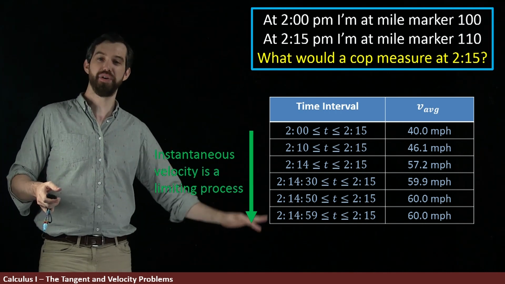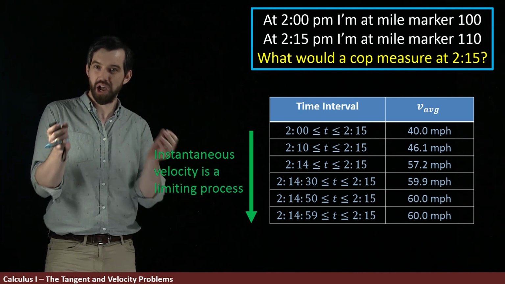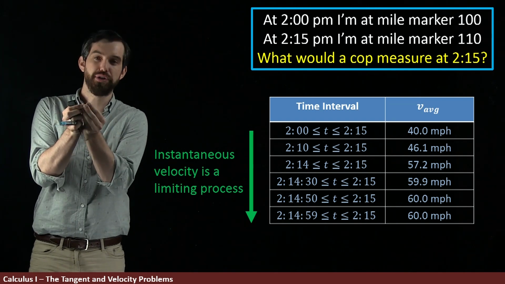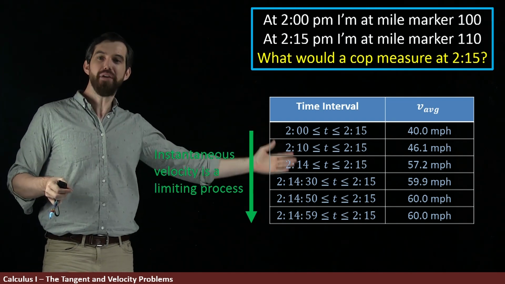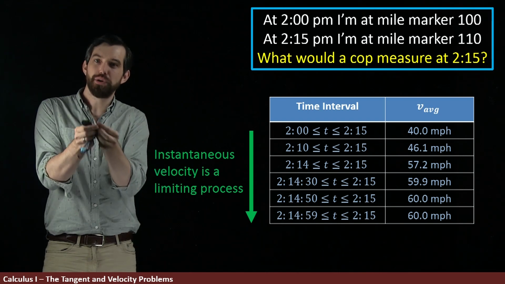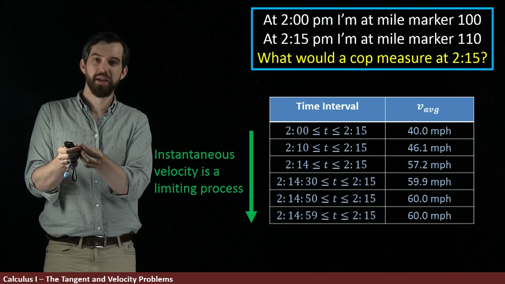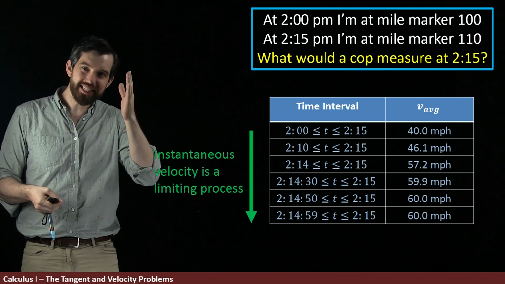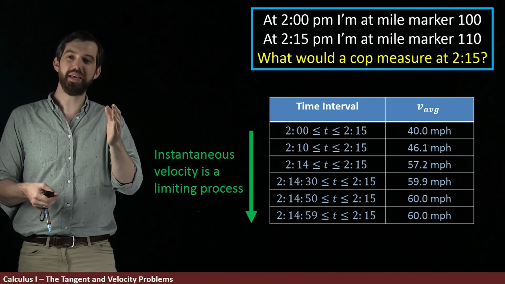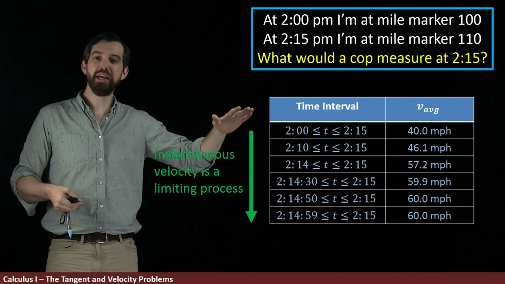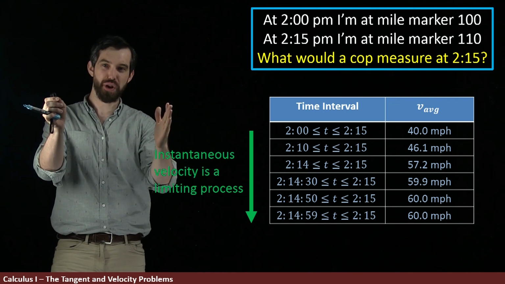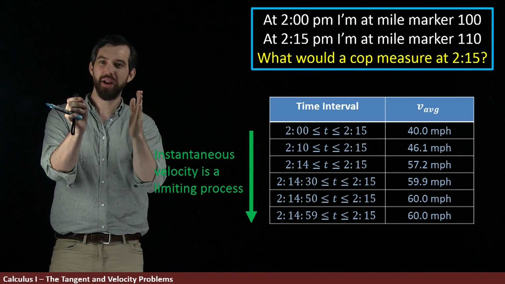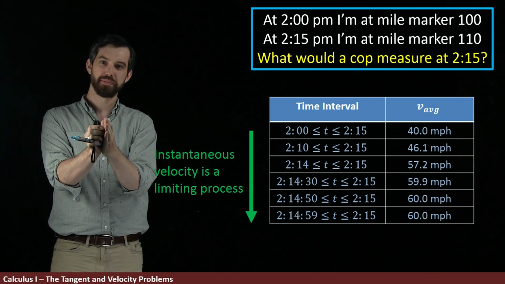This table could carry on going perhaps forever as our intervals got closer and closer to 2:15, and then our average velocities would presumably get closer and closer to some number. So we can think of instantaneous velocity, the velocity exactly at 2:15, as analogous to the sort of limiting process as these average velocities are computed over smaller and smaller intervals.